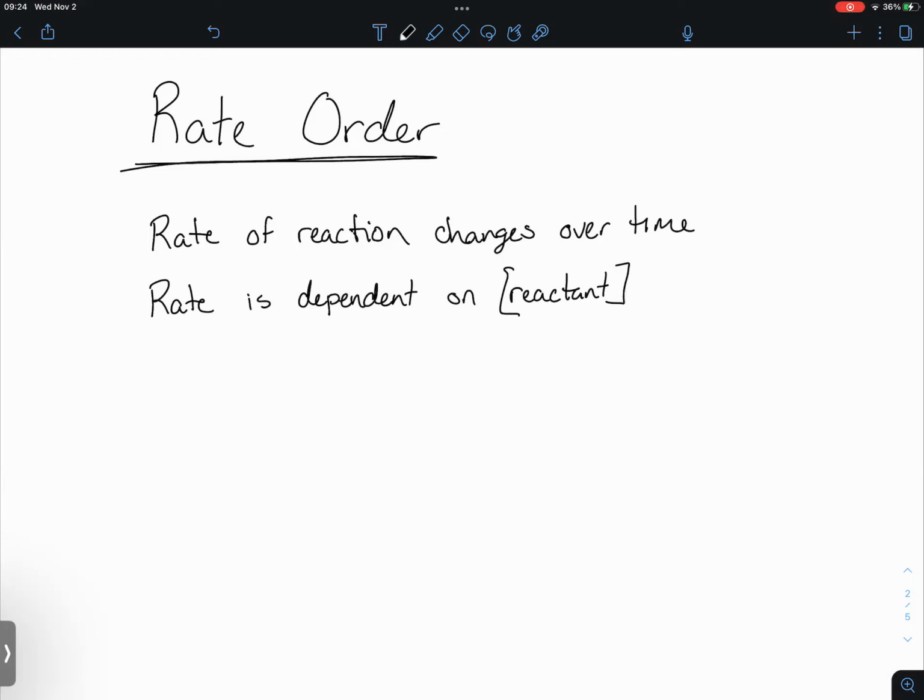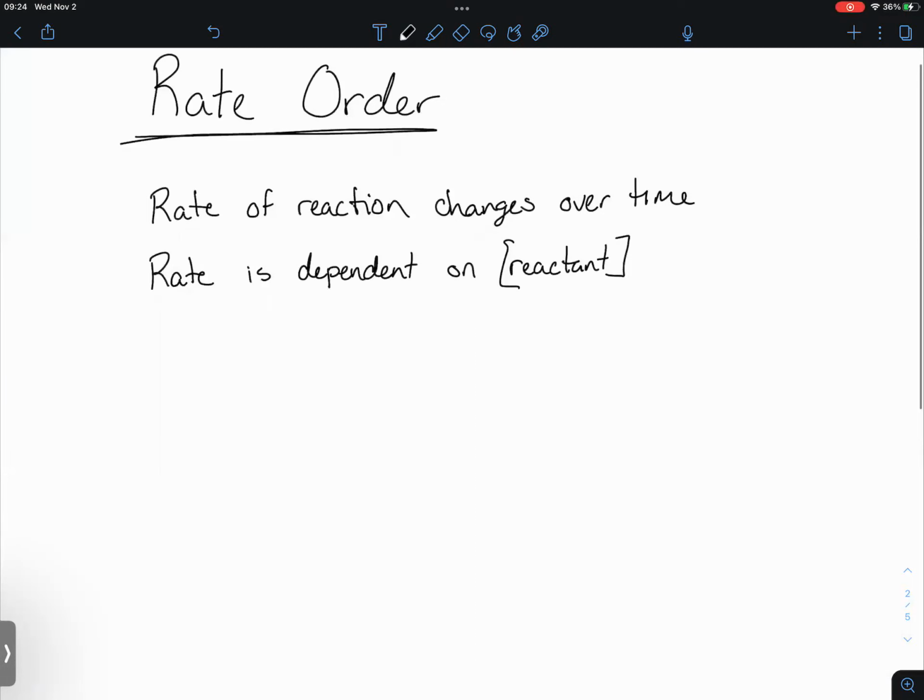All right, so we're going to take a look at a very simple type of reaction in order to help define our reaction rates, our reaction orders. And then we'll sort of graduate to more complicated reactions. So the first thing we're going to look at is just a simple unimolecular reaction where you have one reactant being converted to product.